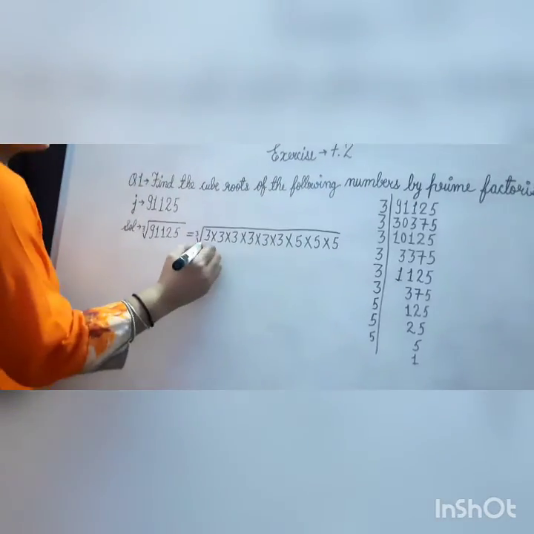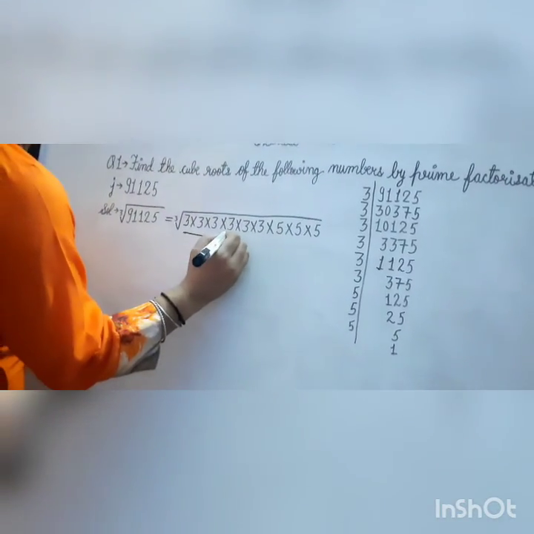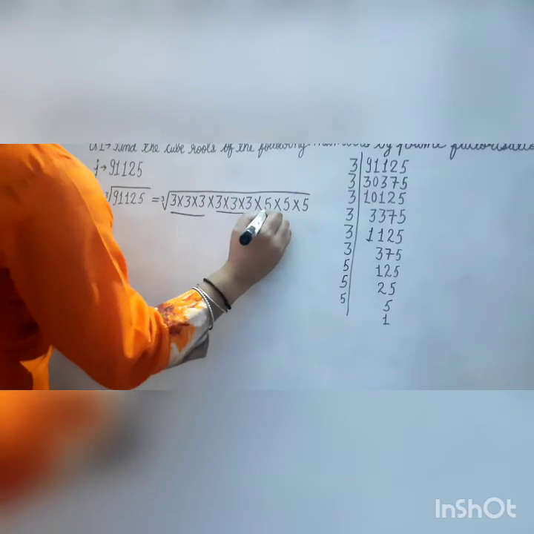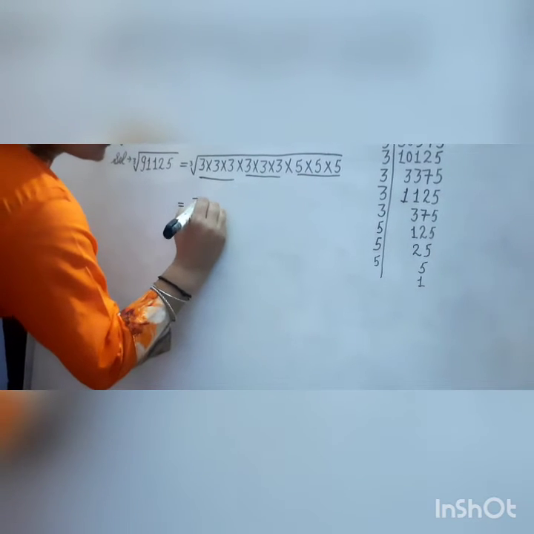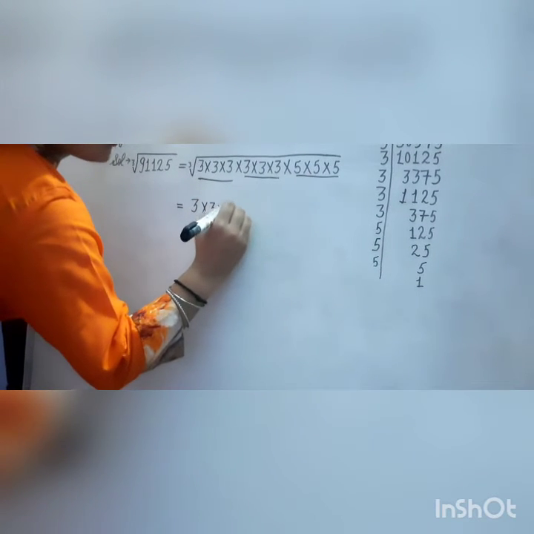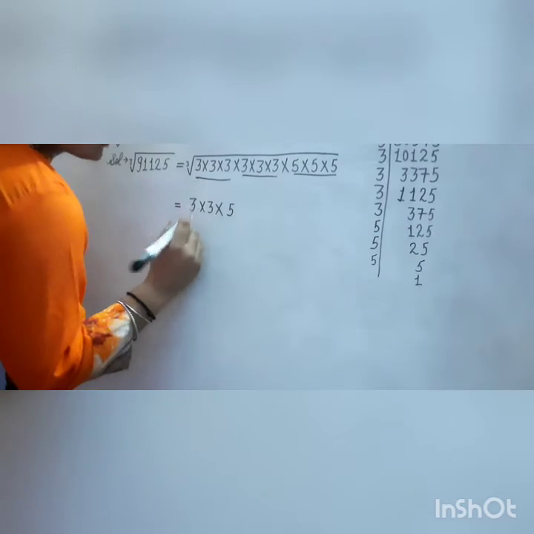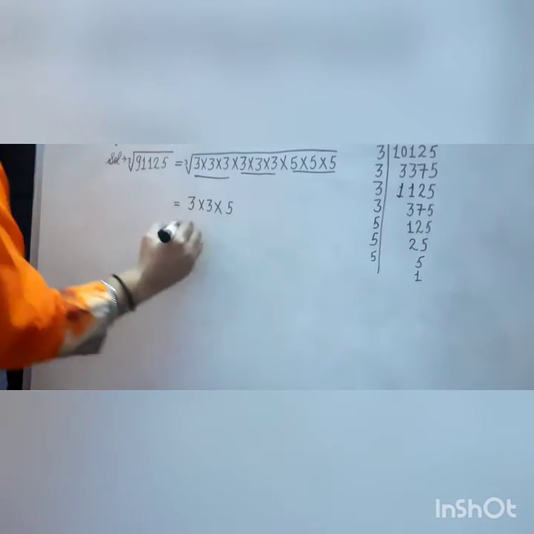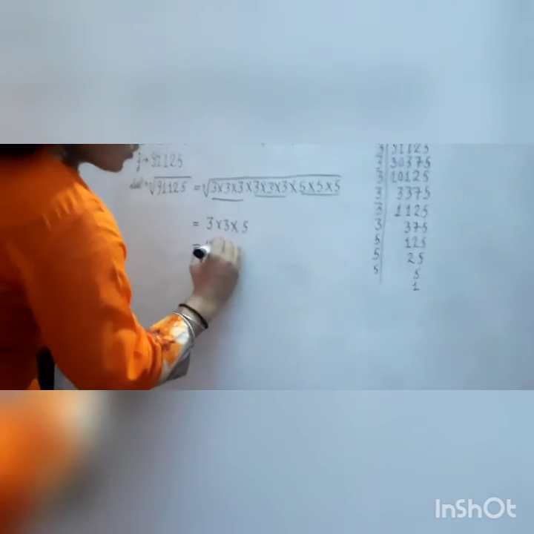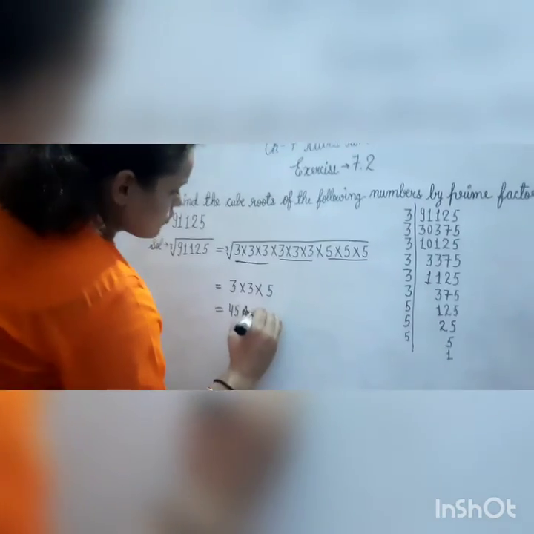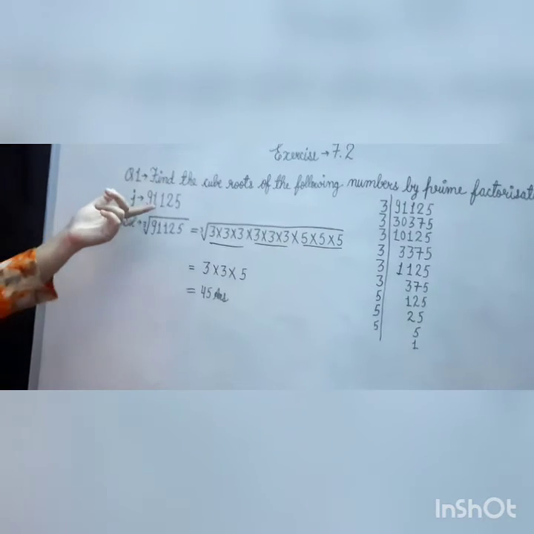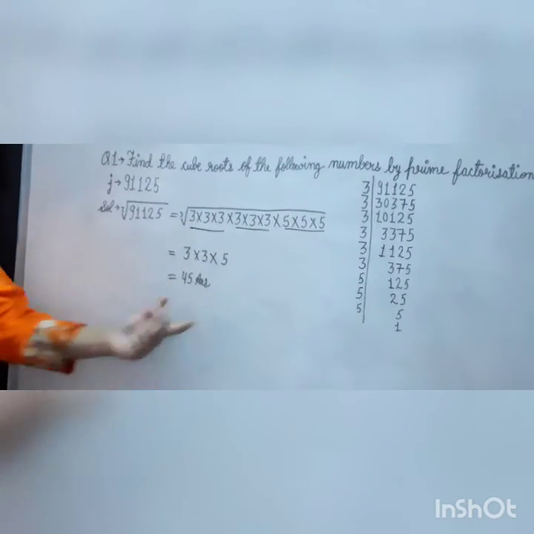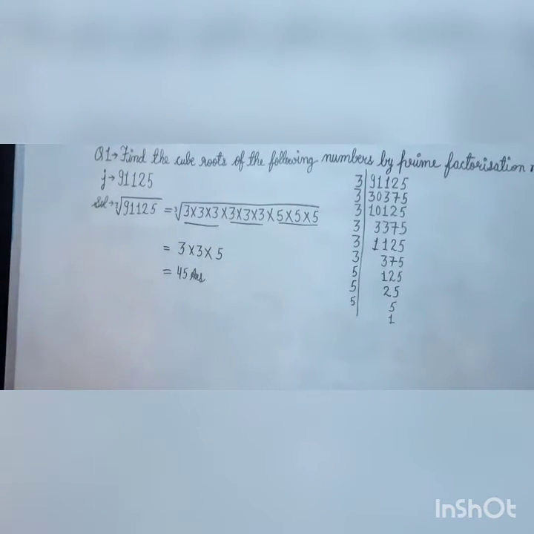You can see that these 3s are forming the triplet, these 3s are forming the triplet, these 5s are forming the triplet. Now you will write 3 multiply 3 multiply 5. 3 3s are 9, 9 5s are 45. Answer is 45. The cube root of 91,125 is 45. Okay class, this was your question number first.